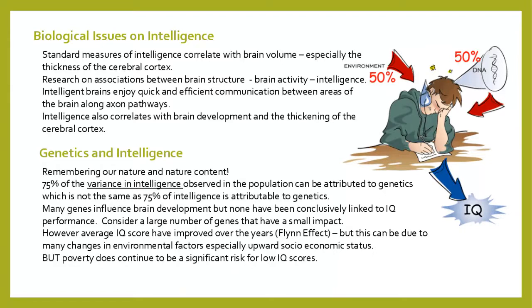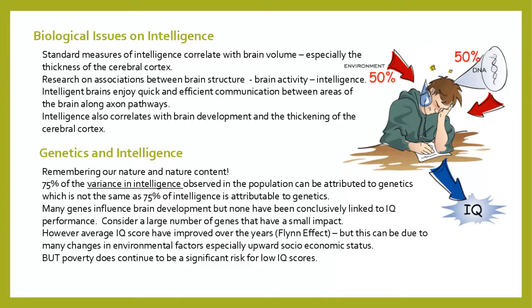So many genes influence brain development, but none of those genes have been conclusively linked to IQ. There are lots of genes, each has a small impact, but no one gene can make you clever. There's no clever gene. A number of smaller genes can have small impact, yes. And IQ scores have improved over the years, generally on average by 3 points. It's known as the Flynn Effect.